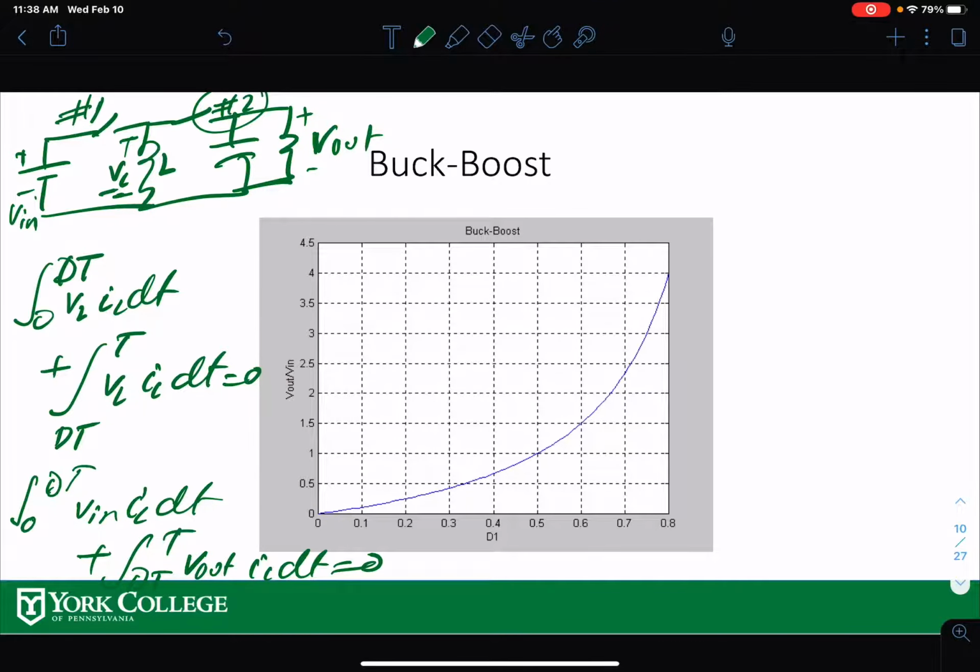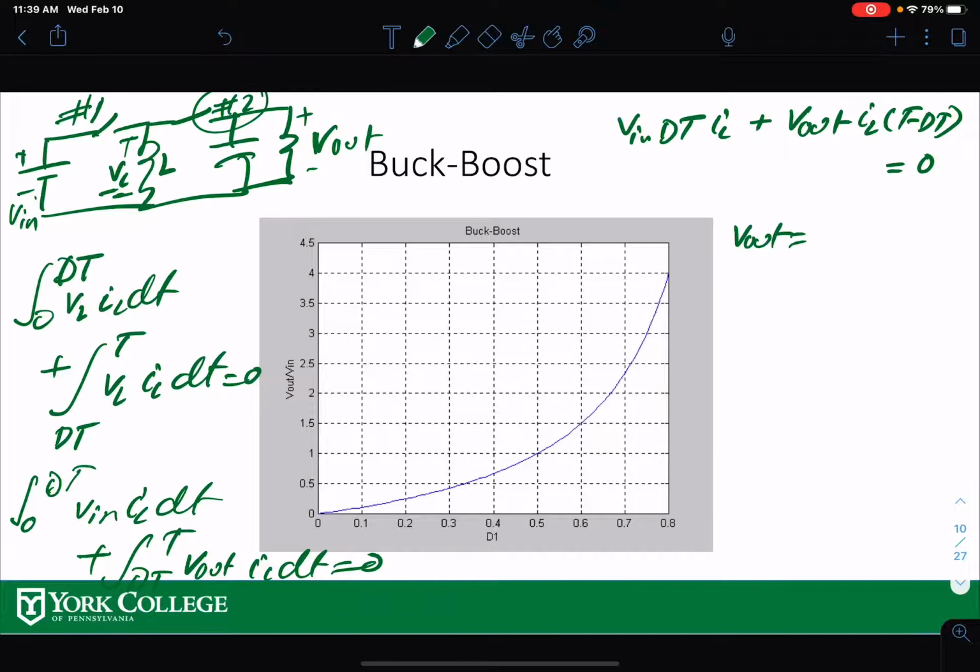If you take the integration, V in IL times DT plus V out IL times (T minus DT) should be equal to 0. IL is the common factor, so your V out would be negative V in D over 1 minus D.